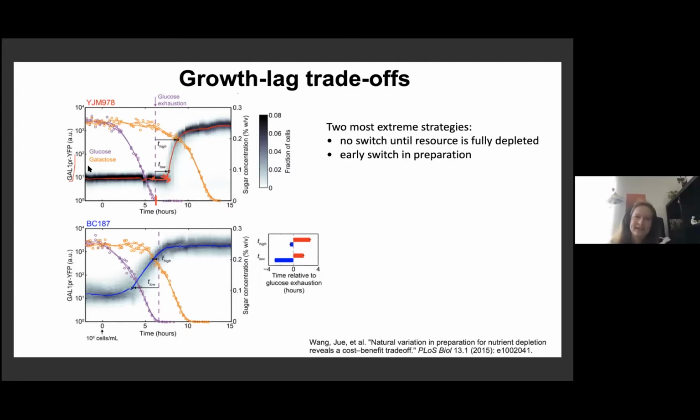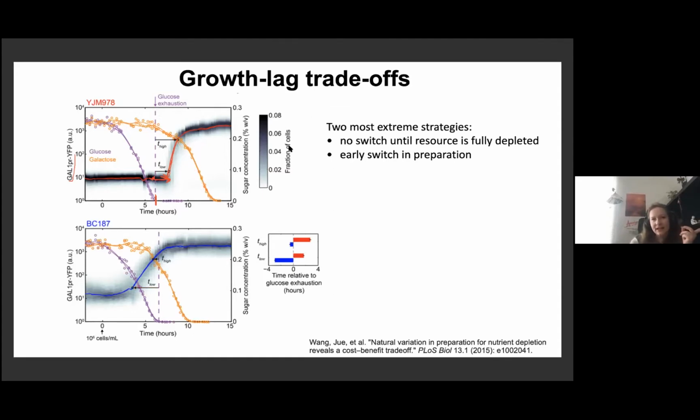And then you have this transcription, translation, finally you have this protein, and now you can start utilizing the second resource. So it starts to go down somewhere here probably. But another strain was a little bit smarter. It started to prepare for the switch earlier on. So you see that here at this point, when the glucose just started to run out, but not there yet, it already started to produce this galactose protein.